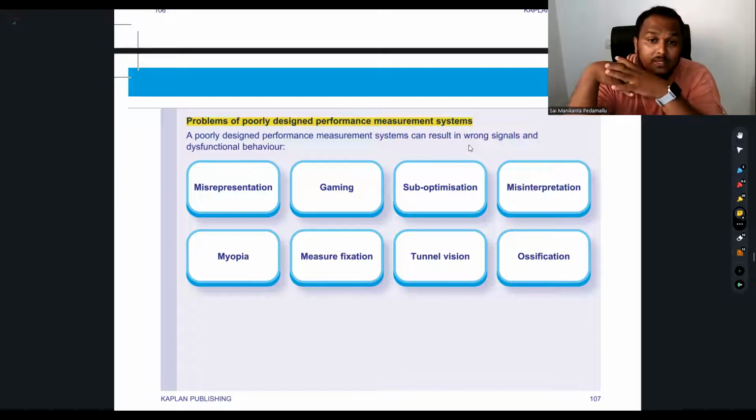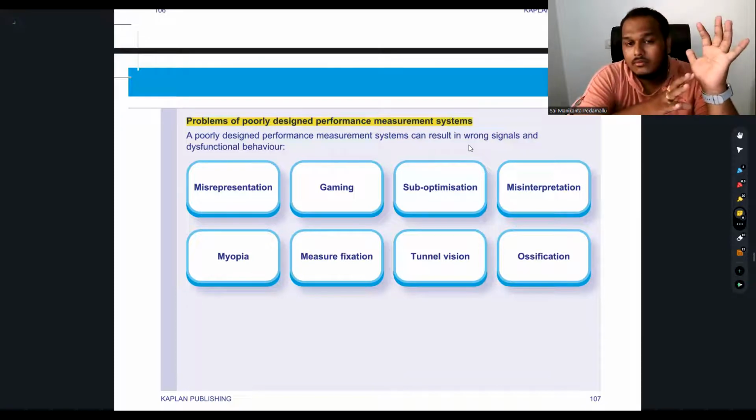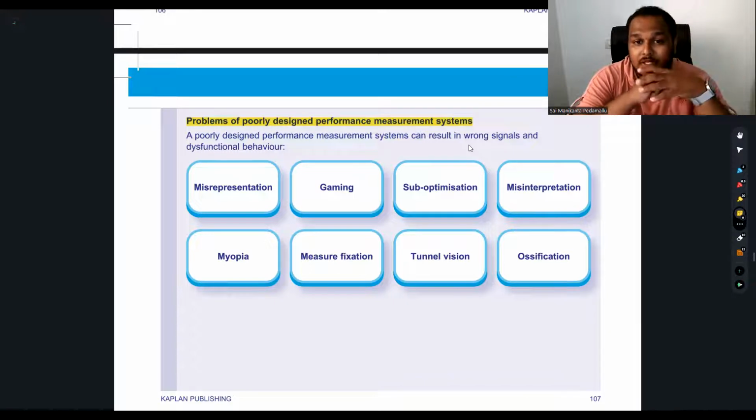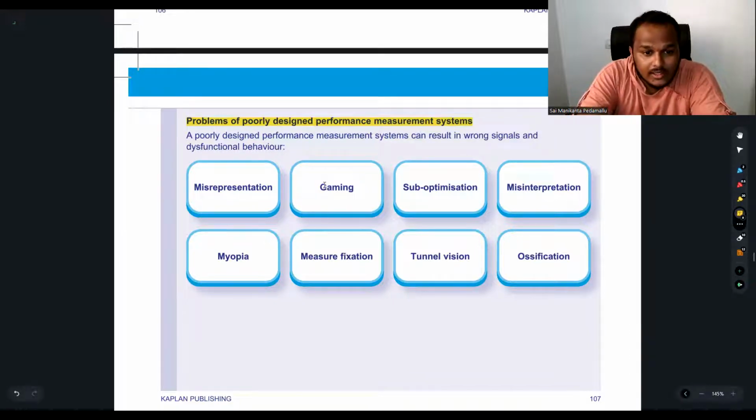If your performance measurement system or reward based system in your organization has flaws, these are the things that could be creating problems in the measurement system. To be very honest, when I gave my APM examination myself, I got gaming, myopia, and tunnel vision. I got these 3 in my examination.